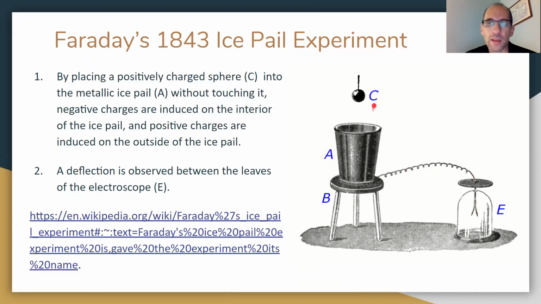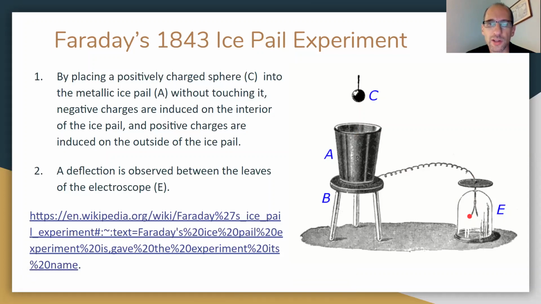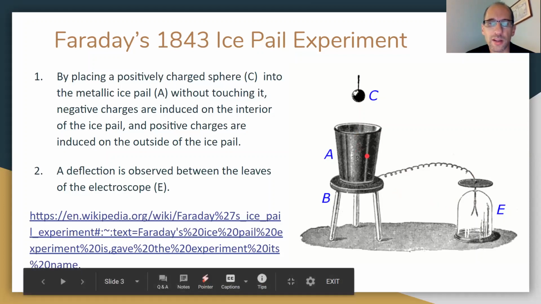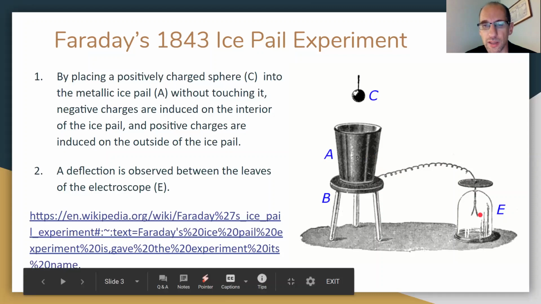As he put this charged sphere into the ice bucket without touching it, he observed a deflection in these metallic leaves, again indicating that the charged sphere produces an electric field. The electric field is then incident on the interior of the ice pail, which induces an opposite charge on the interior of the ice pail. That induces an opposite charge on the outside of the ice pail, and that causes this deflection in the leaves of the electroscope.